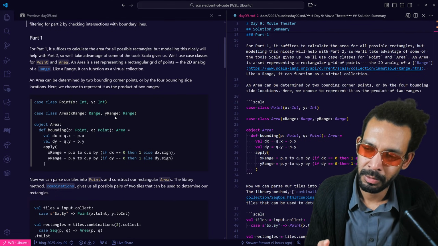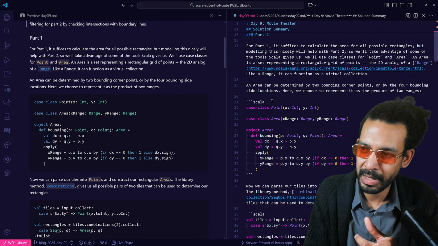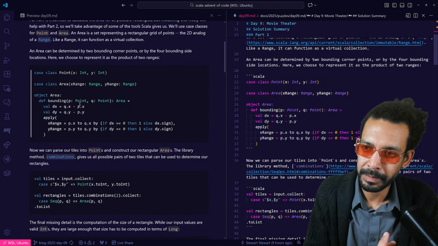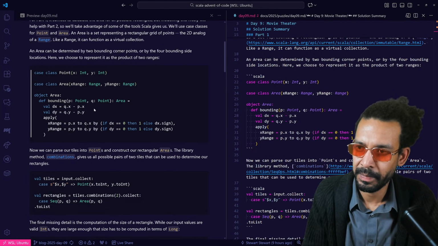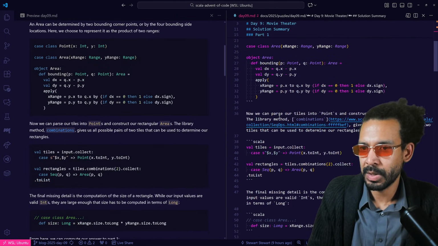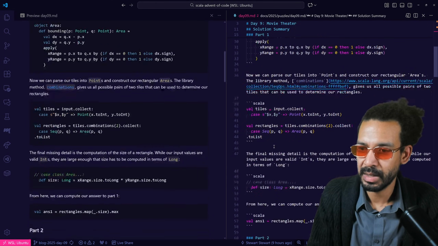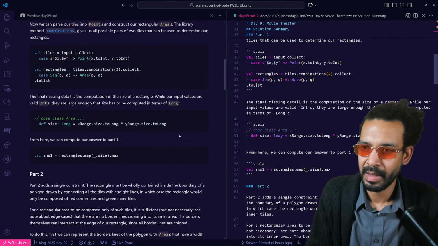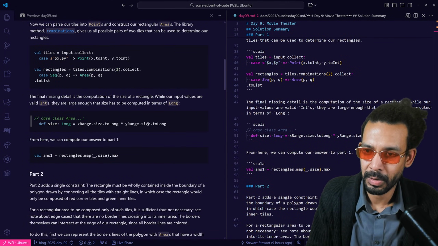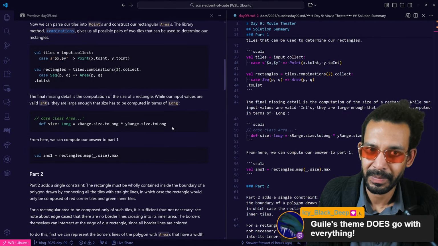So you can represent a rectangle by using two ranges of integers, and you only need 2 points to create a bounding array. So we use those 2 points to get all possible rectangles, and for each of those, we calculate the size by taking the sizes of the individual ranges and multiplying them, right?